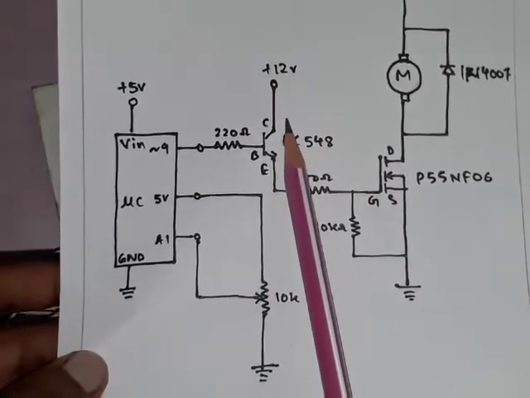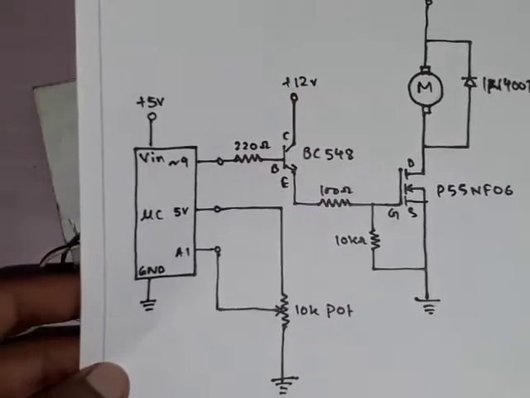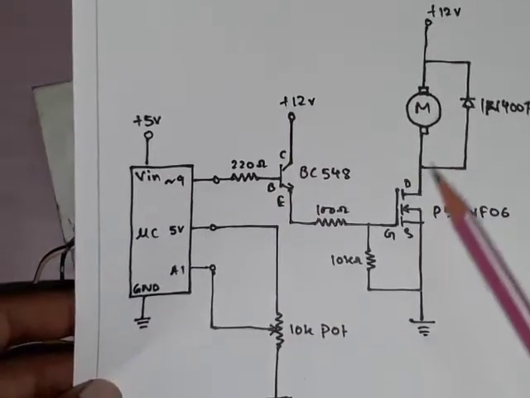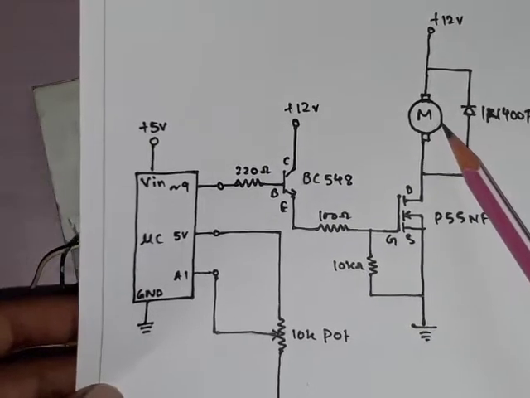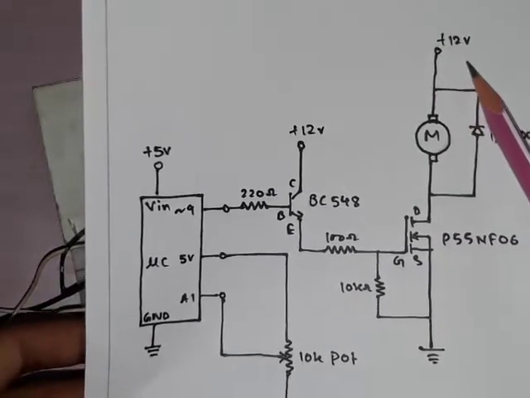The supply voltage to the transistor is 12 volt, and the supply voltage to the motor, which is connected in series with the MOSFET, is also 12 volt.